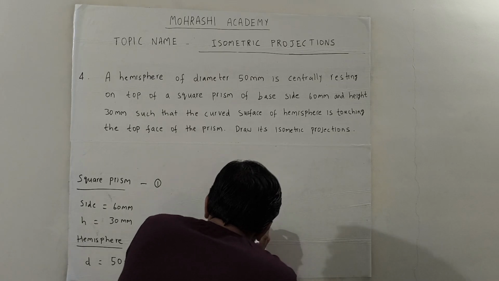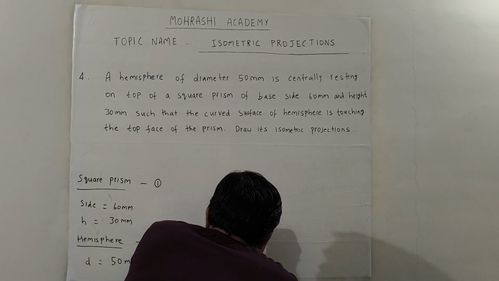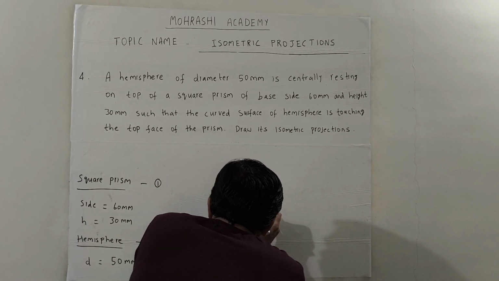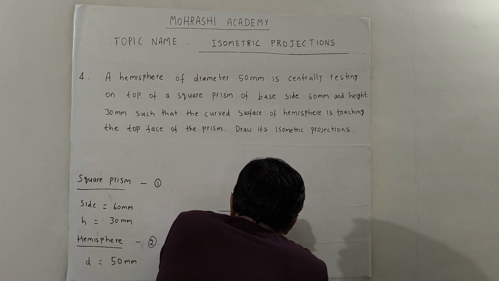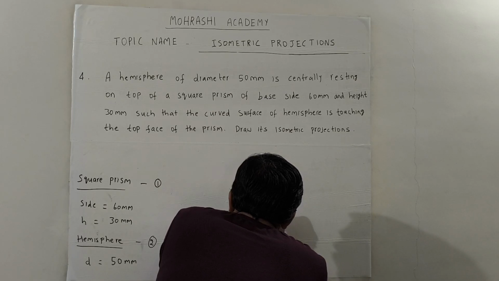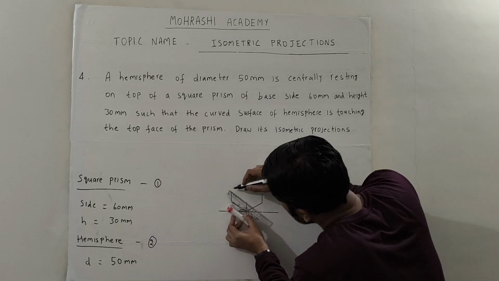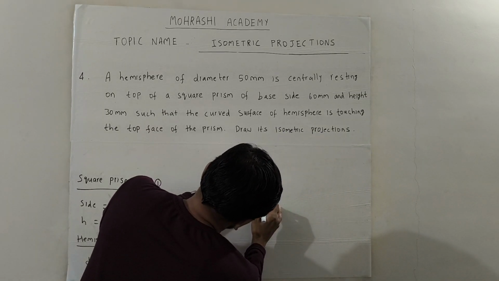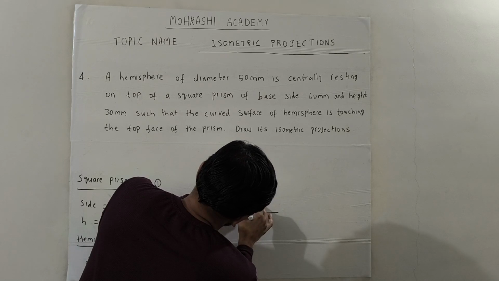Again from here 30 mm, 90 degree. Again from here 30 mm, 90 degree. Again connect here to here. Again connect from this end to this end.